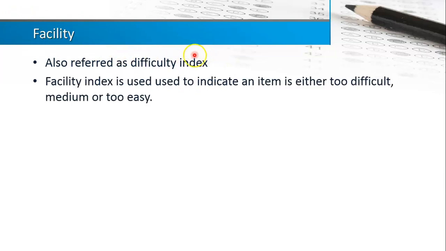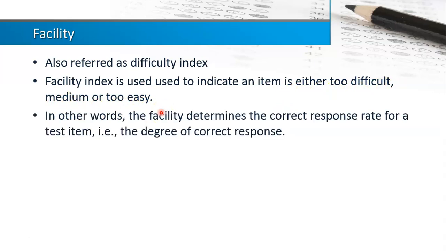Okay, so facility index is used to indicate whether an item is either too difficult or medium or too easy. Actually, facility determines the correct response rate of a test.